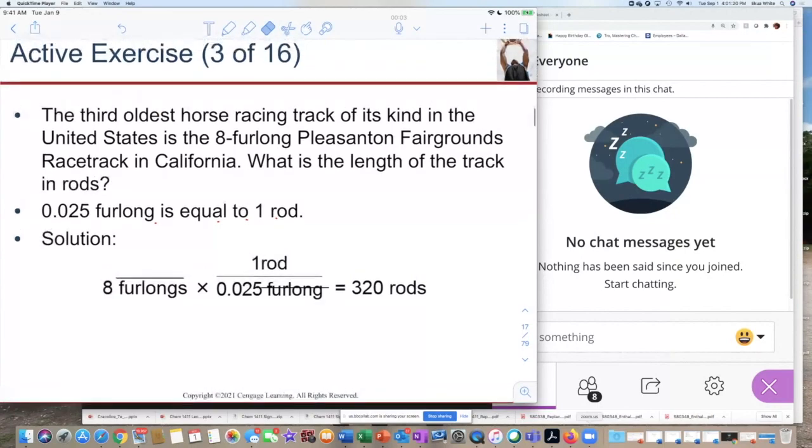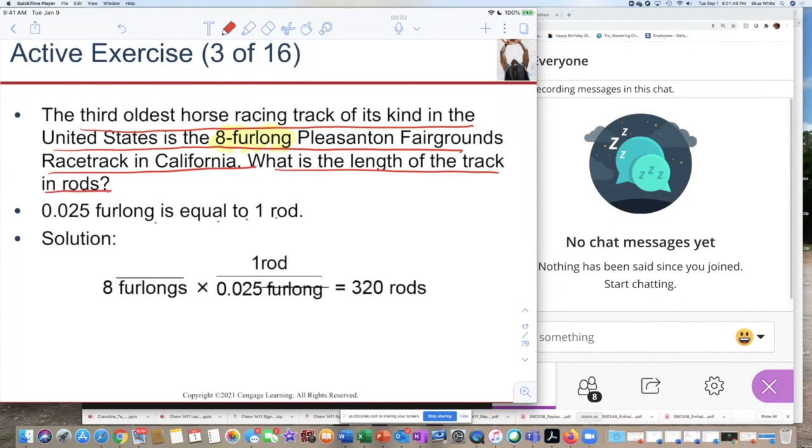We're told the third oldest horse racing track of its kind in the United States is the 8-furlong Pleasanton Fairgrounds racetrack in California. Okay, the measurement we care about here is 8 furlong. Who uses that? They do. What is 8 furlong? What is this length of the track in rods?